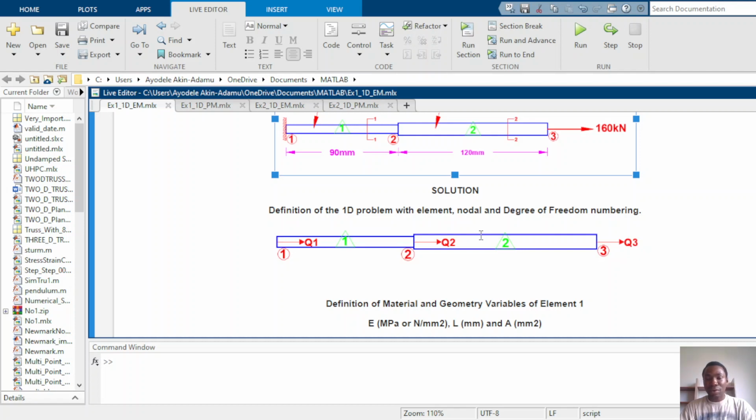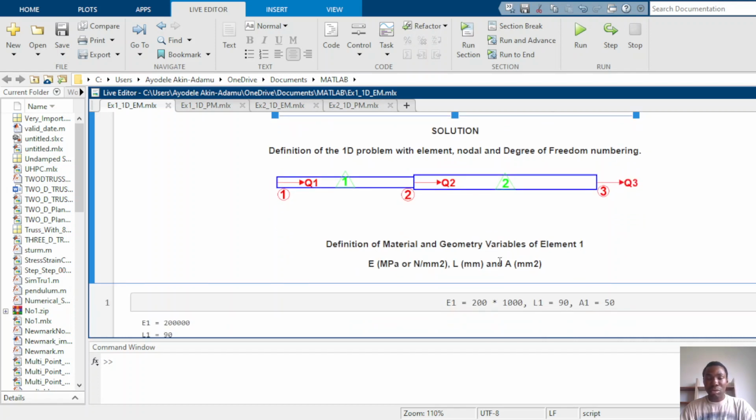After we have defined our element, node, and degree of freedom numbering, the next step is to define the material and geometric properties of element 1 and element 2.